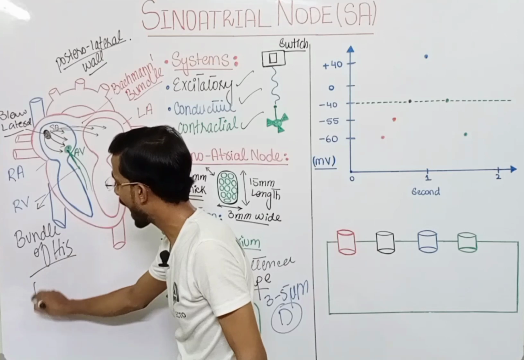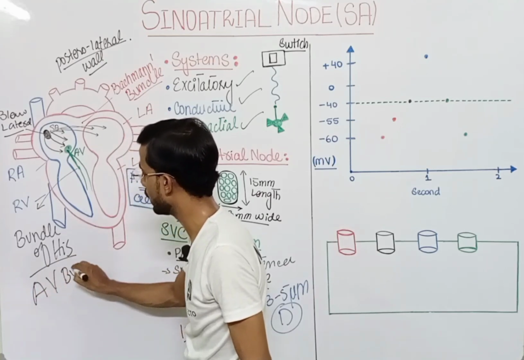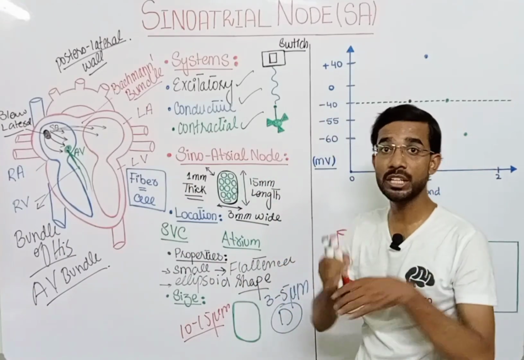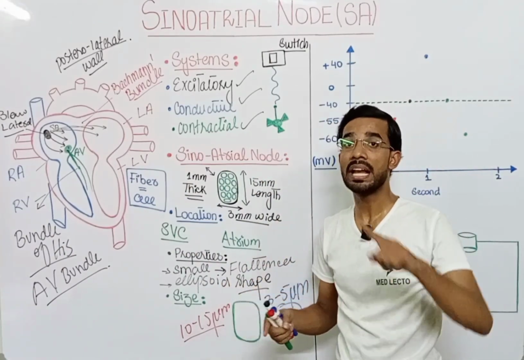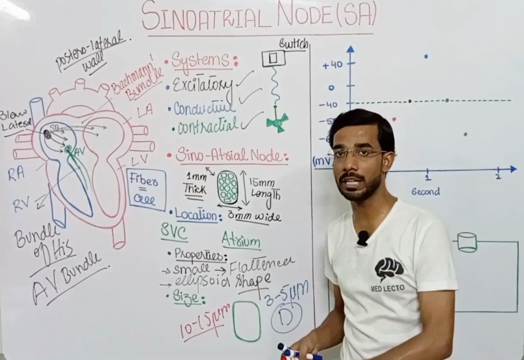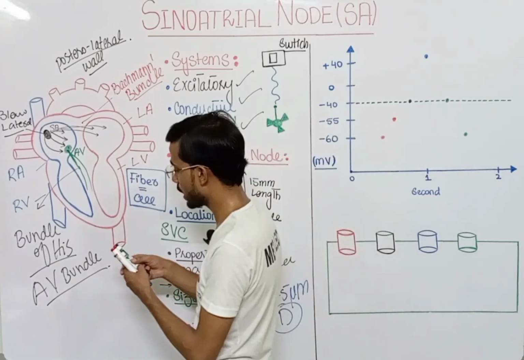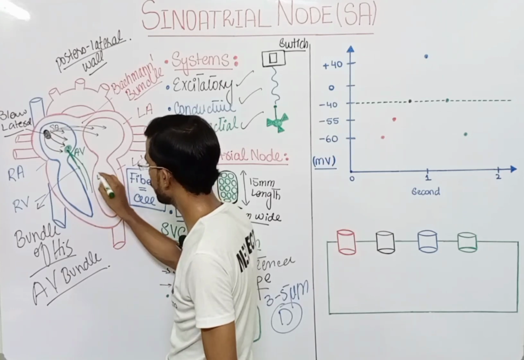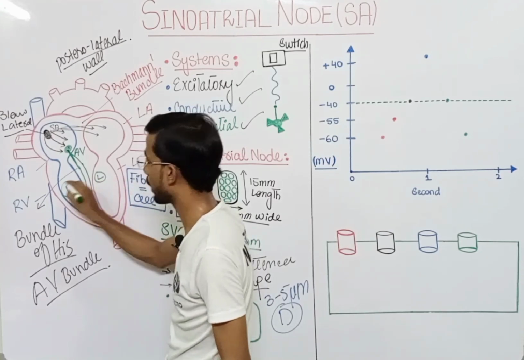That's very much important. Okay, and it will divide into two branches, the left branch and the right branch. So here, they divide into the left branch and the right branch.